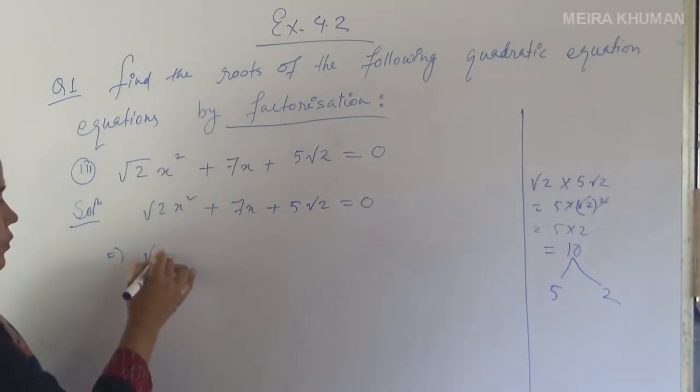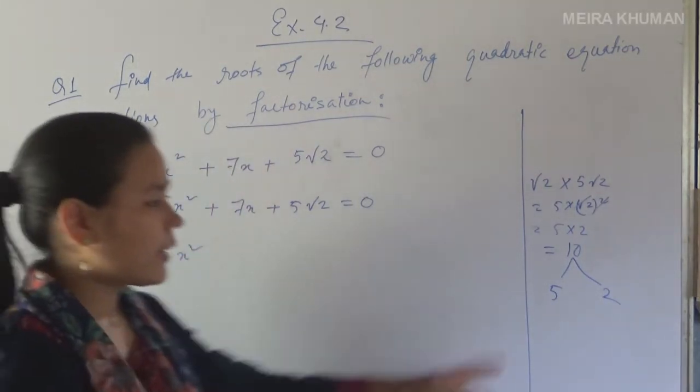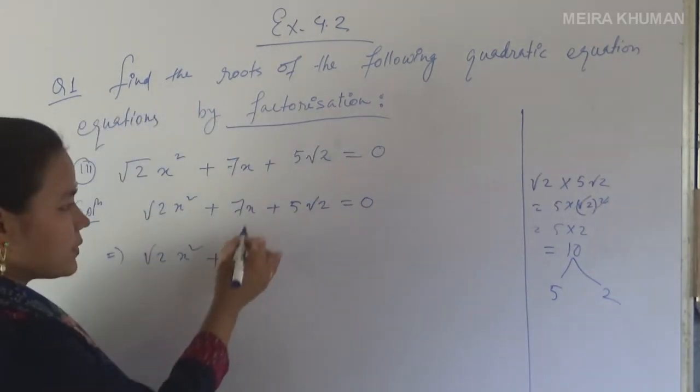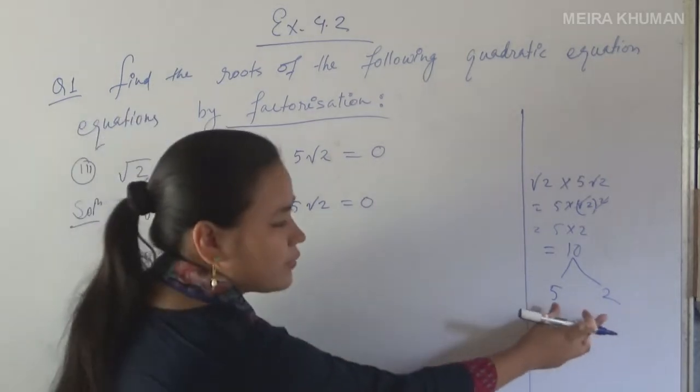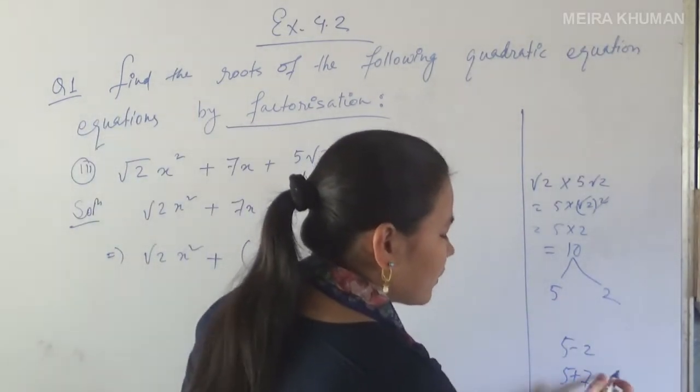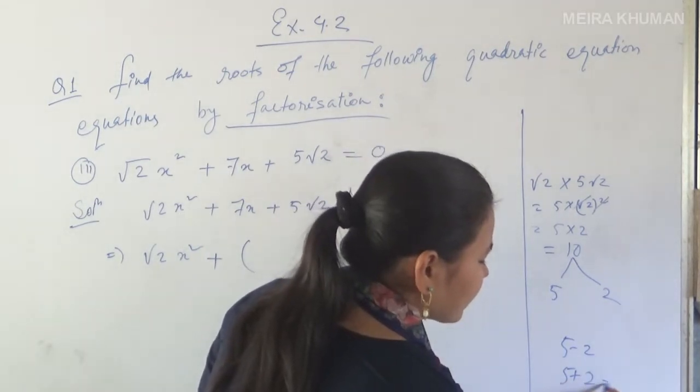Okay, so root 2 x square. If you add or subtract, you should get the middle term. Here you are getting 5, 5 minus 2 or 5 plus 2. 5 plus 2 is 7.